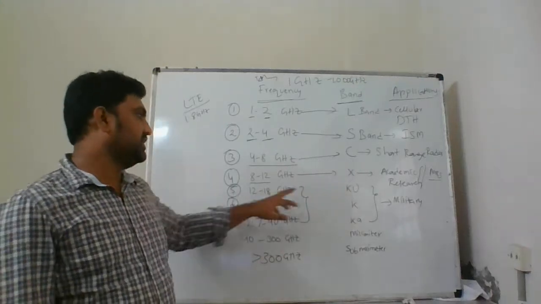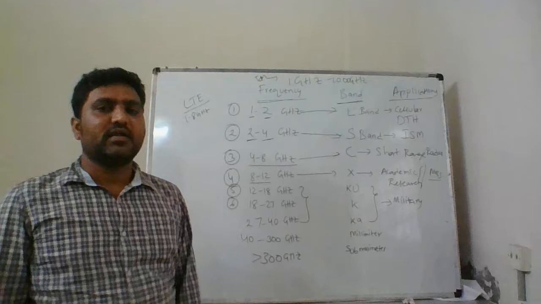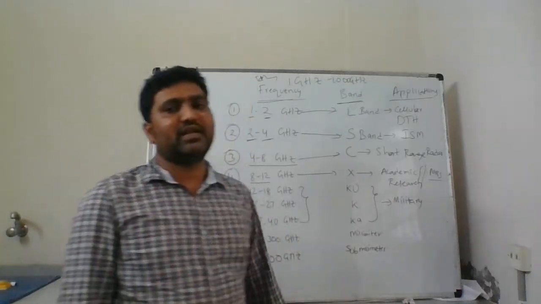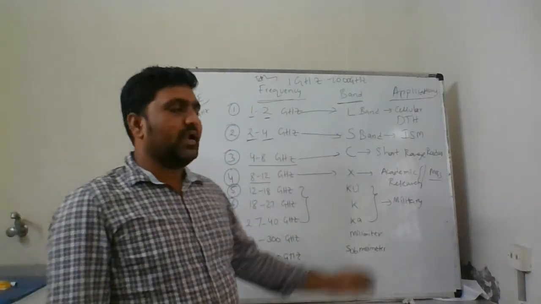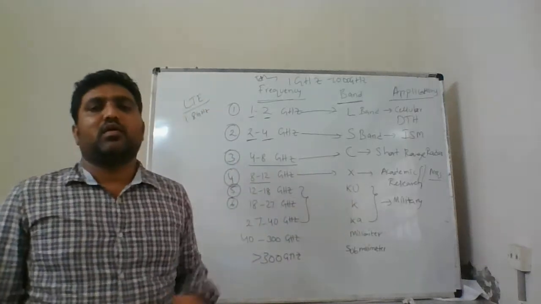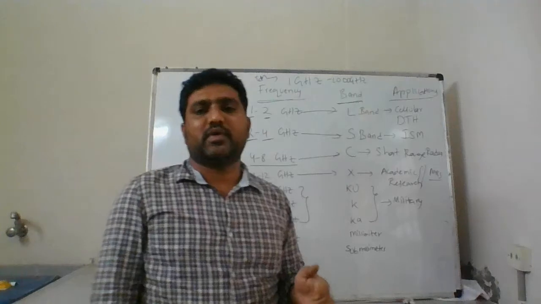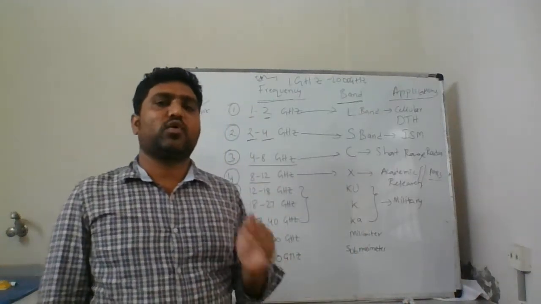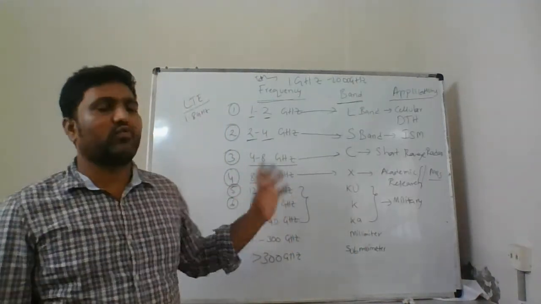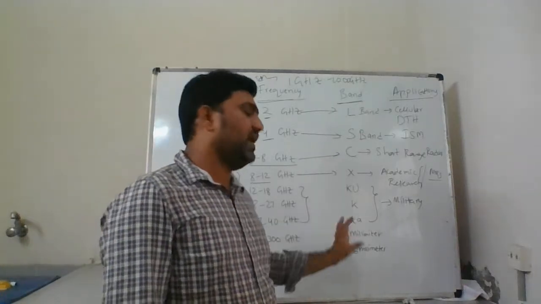These three bands, Ku, K, and Ka, are especially useful in military and defense applications. Nowadays, many short range warfare and surface and air missiles are all based on these microwave bands: Ku, K, and Ka.